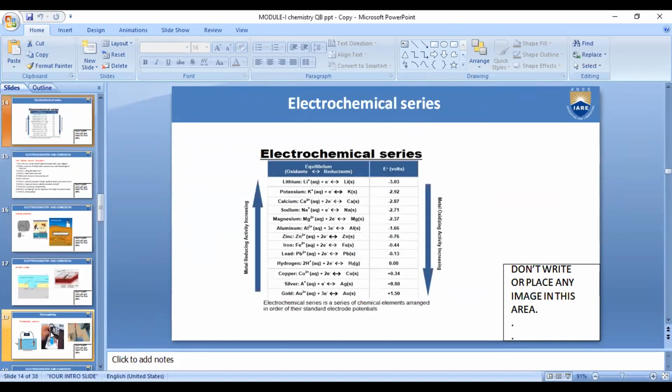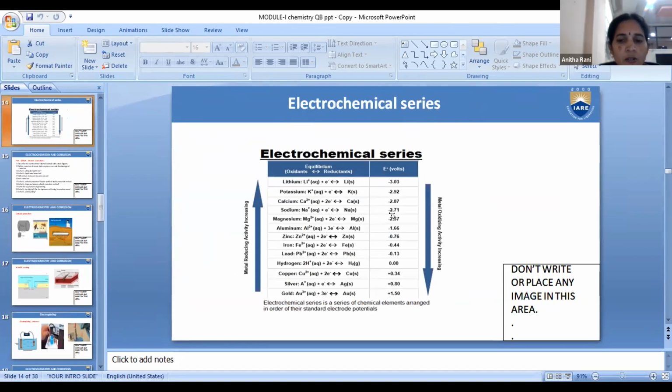When elements are arranged in the increasing order of standard electrode potential, or you can write standard reduction electrode potential, it is known as the electrochemical series.